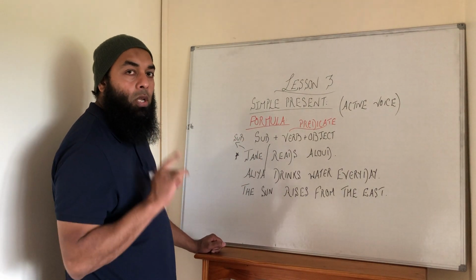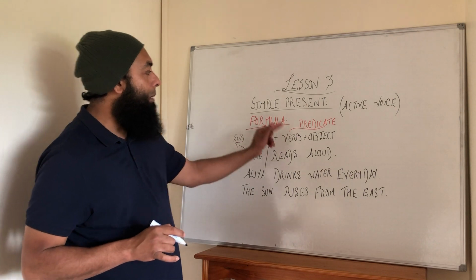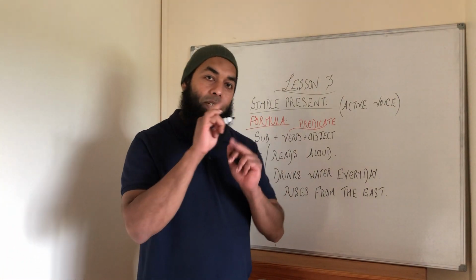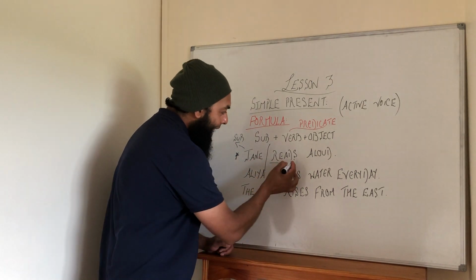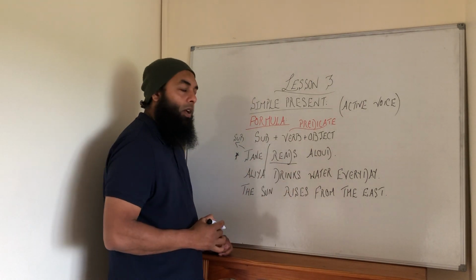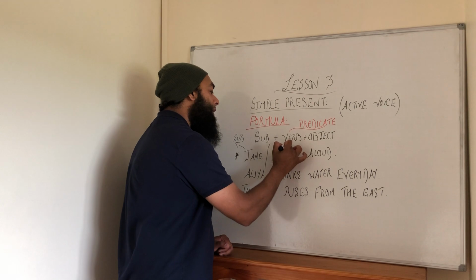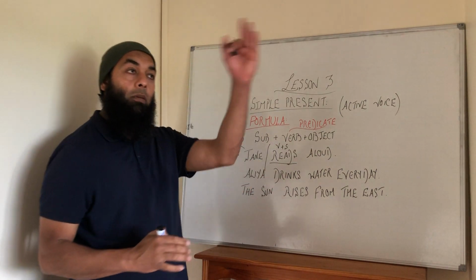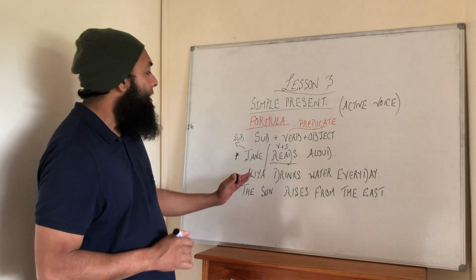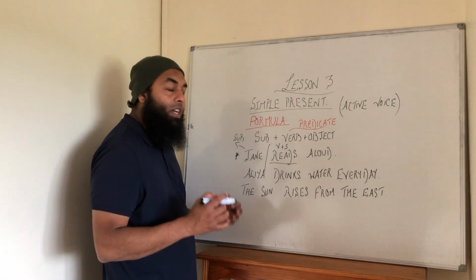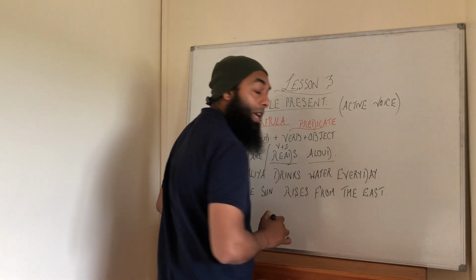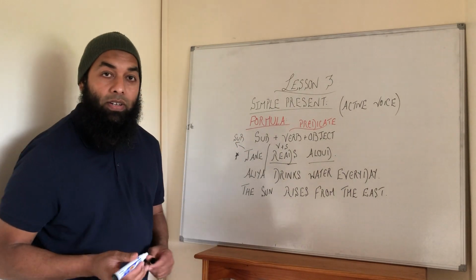So what we should do when we are making a simple present tense, we add s into it, okay? So read, Jane read, but we have to put s to make it reads. Okay, verb plus s, because we are talking about a third person which is singular, okay? Jane reads, she reads something, but how does she read? She reads aloud, okay? She doesn't read silently, or quietly.